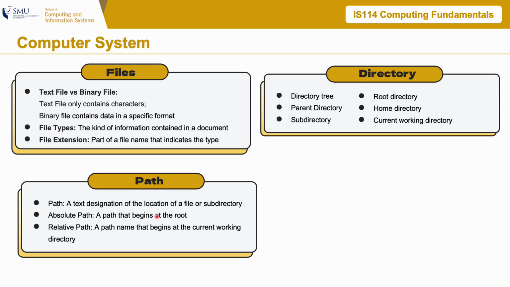We use the absolute path when we need to run a command from different folders, ensuring the address always works. And a relative path starts from the current working directory. It's a shorter temporary address that changes depending on your current location, depending on the current working directory. We use the relative path for quicker typing when working close to the target file.